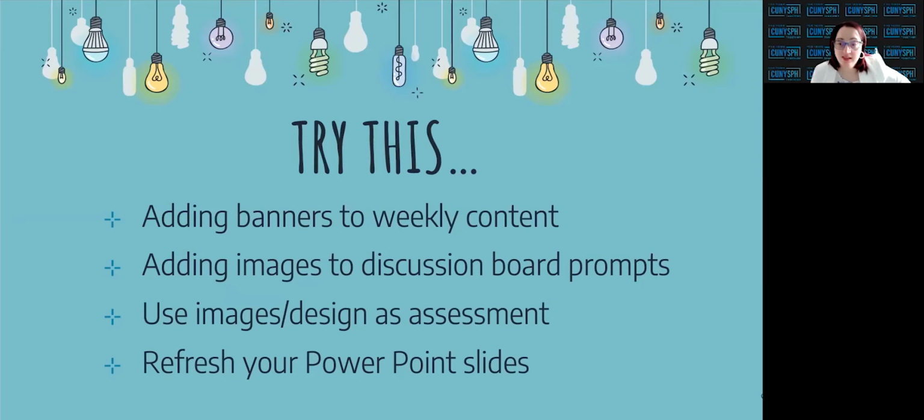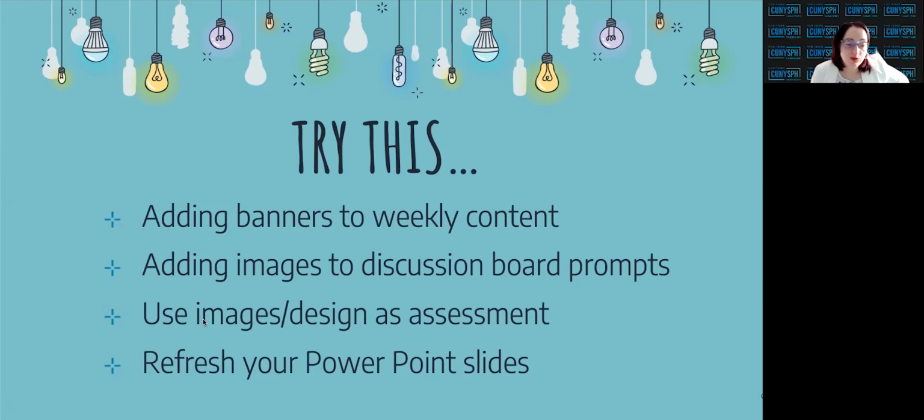So here are 3 things that you can try. It could be immediately, could be next semester, or whenever you have a chance. You can try adding banners to your weekly content. You can try adding images to discussion board prompts.